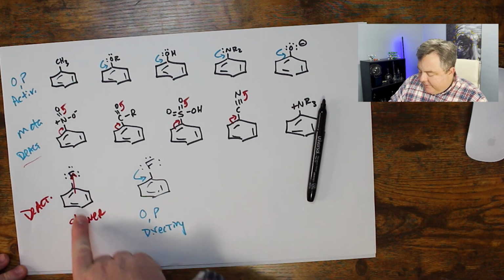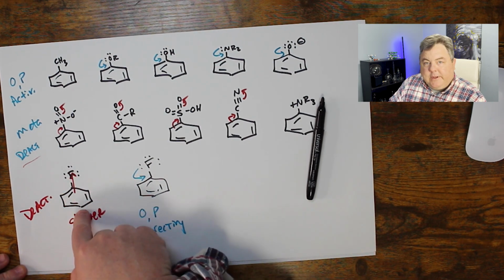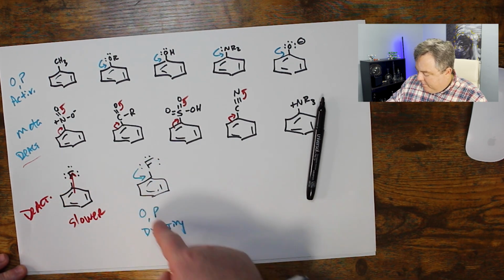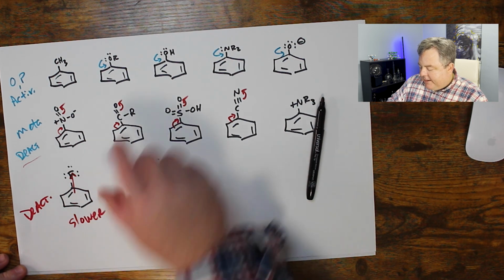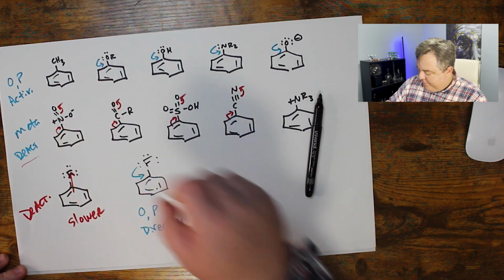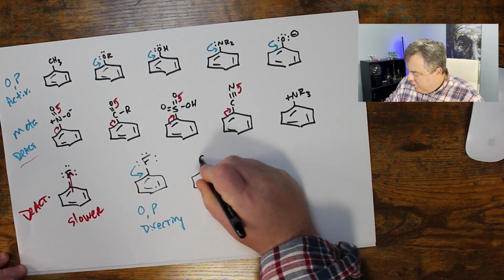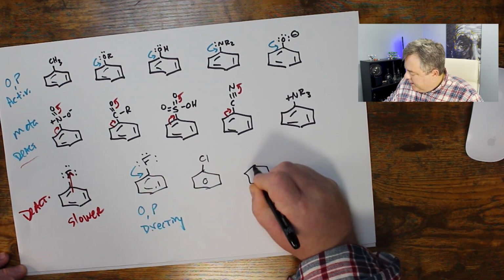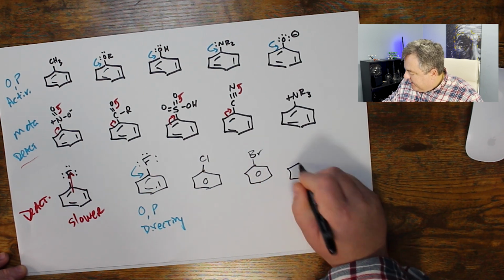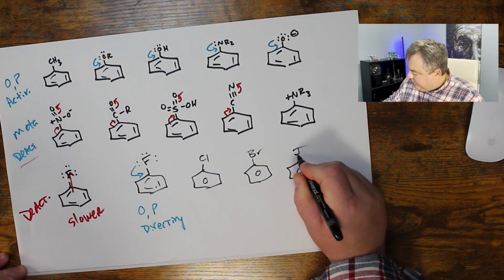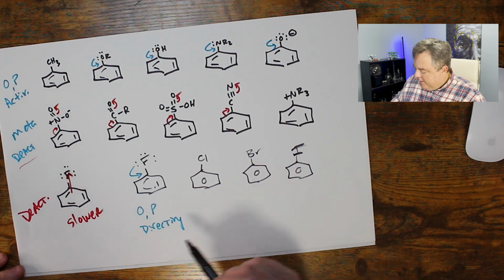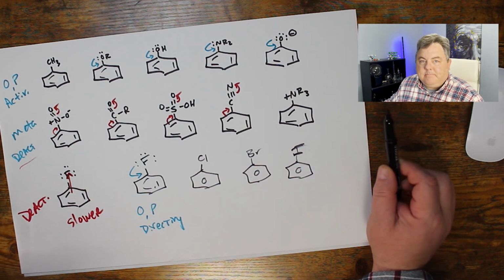I remember things like halides suck electrons out, so they're deactivating, but the lone pair makes it ortho-para directing. So that would mean fluorine, chlorine, bromine, any of the halides, iodine, they're all going to react slowly, but they'll be ortho-para directing.